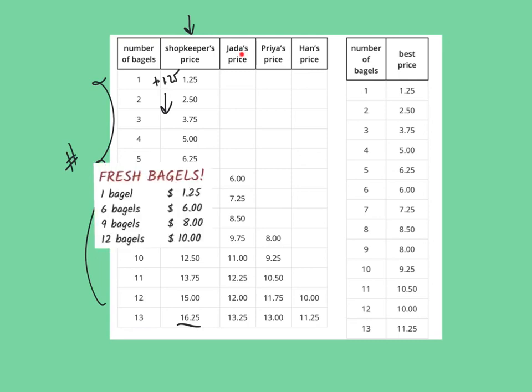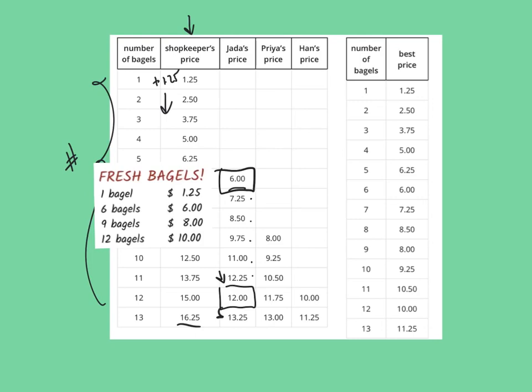Now, to understand Jada's principle here, we start with Jada just going right to the 6 bagels for $6. Then she adds $1.25, $1.25, $1.25, all the way till she gets to 12, a dozen bagels, $12. How does Jada go from $12.25 to $12? Because she just gets 2 loads of half dozen bagels for $6.